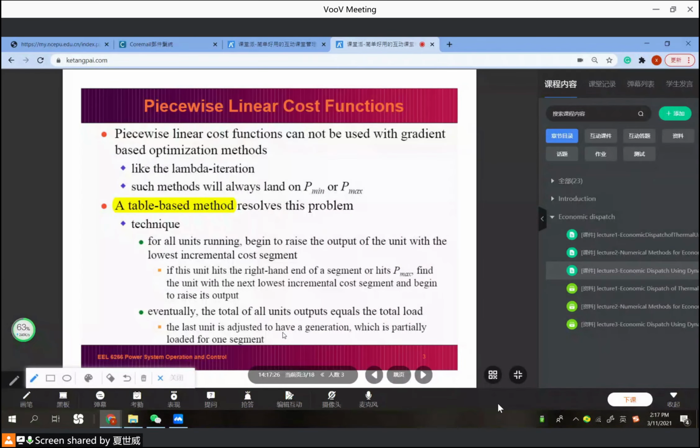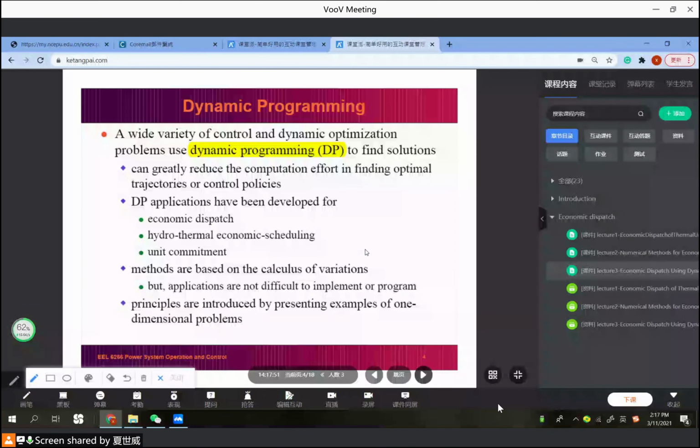That means maybe the total generation of all units does not exactly match the total load. So for the last generator, maybe it only has to generate partial output. That means the last generator may not use up all its capacity.